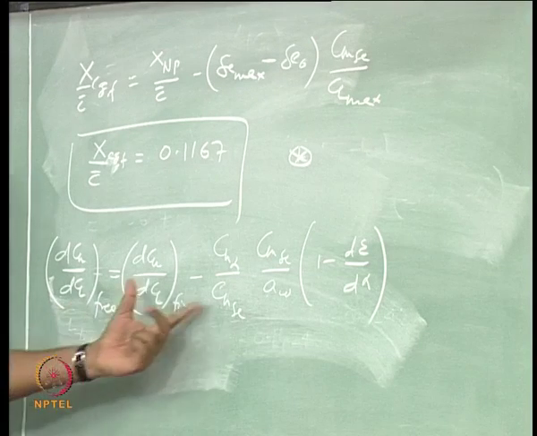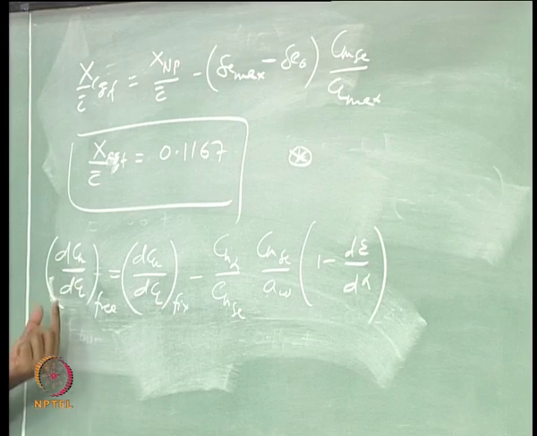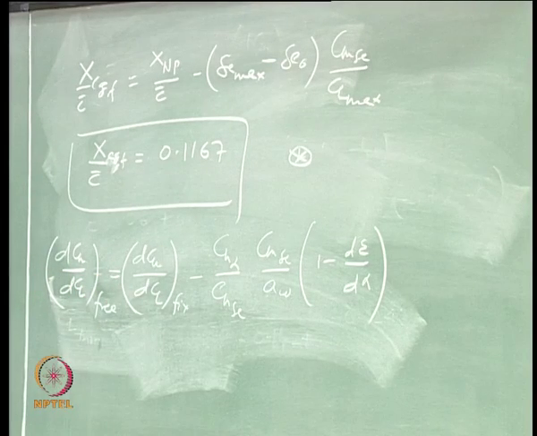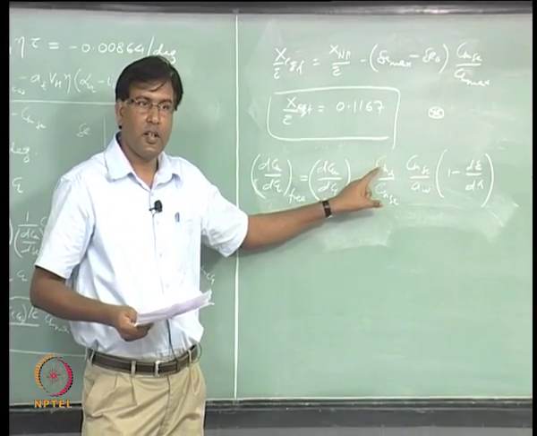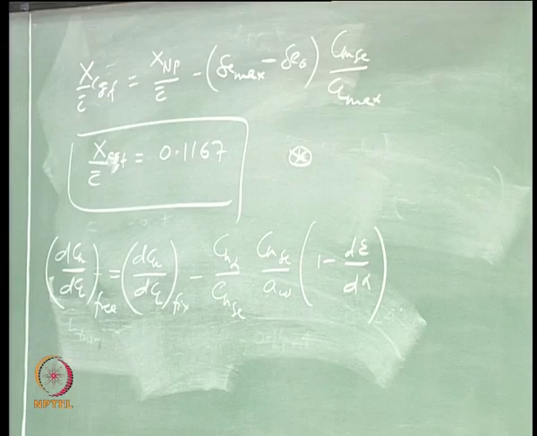So, this is a relation between the dCM over dCL free and dCM over dCL fixed, which includes the derivatives coming from the hinge moment.